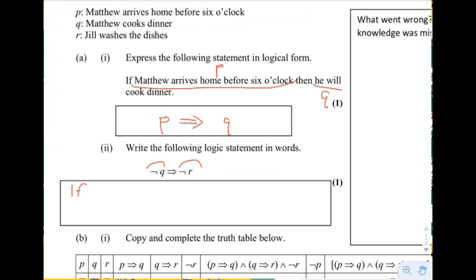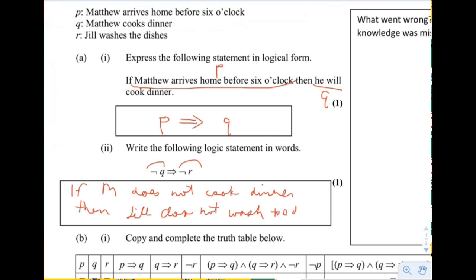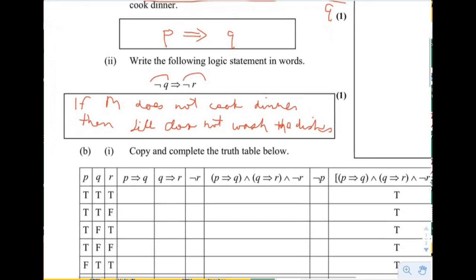So if not Q, so if Matthew does not cook dinner, then not R would be, Jill does not wash the dishes. Next time I'll type it. Okay. Copy and complete the truth table below.